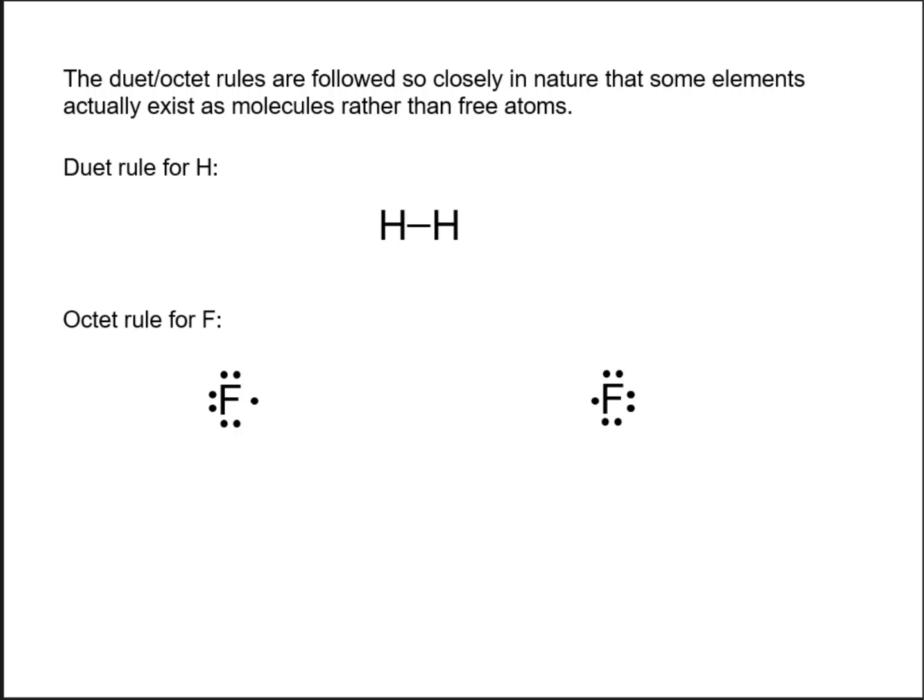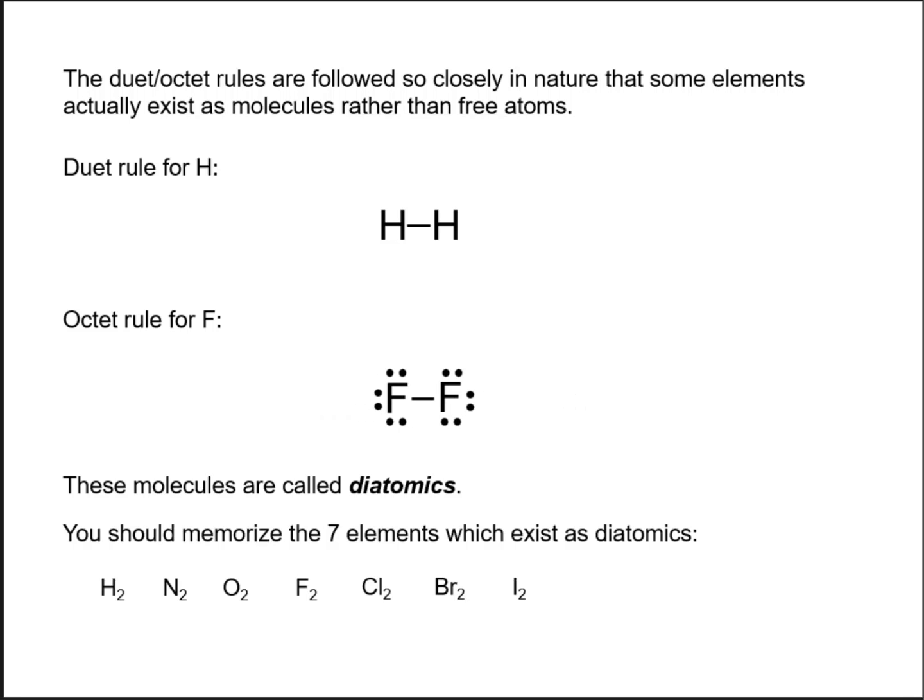Same thing with fluorine. Each fluorine has 7 valence electrons. In order to be octet, each fluorine needs 1 more electron. So these fluorines are going to share those valence electrons, and they're going to form F2. So that's how these diatomic molecules are formed: H2, N2, O2, Cl2, F2, Br2, and I2.